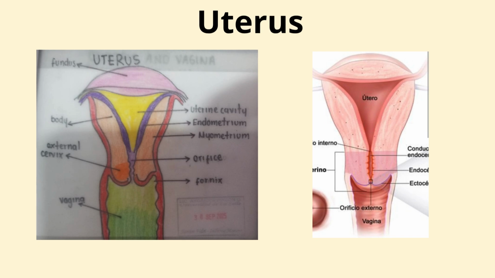The uterine cavity is where a baby will grow. At the lower part, we see the cervix, which opens into the vagina. The vagina serves as the birth canal and also connects the uterus to the outside of the body.